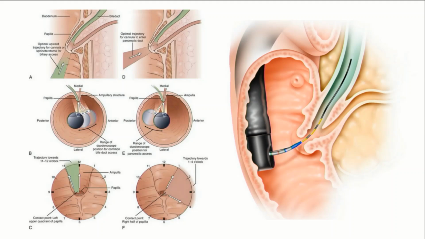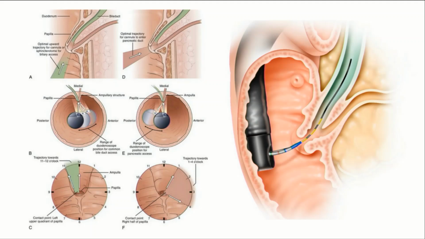Whenever we are in front of the papilla, the aim is to be able to align the instrument that we are using with the CBD. But it's not always straightforward, because when you see the papilla in front, you should remember that the common bile duct is in the direction of 11 towards 12 o'clock, whereas the pancreatic duct is facing this direction.